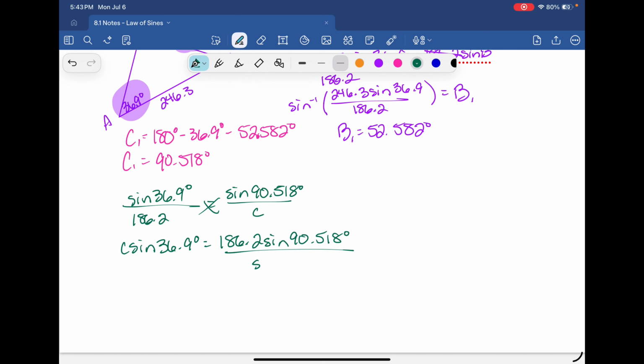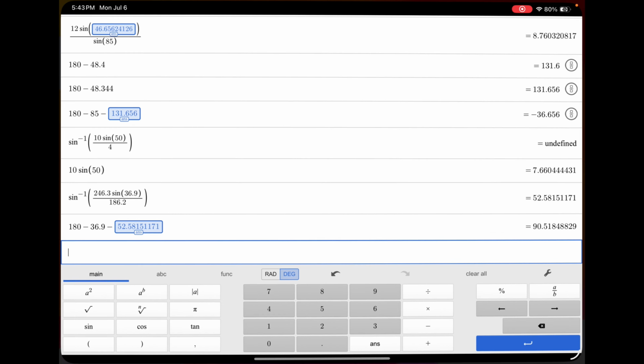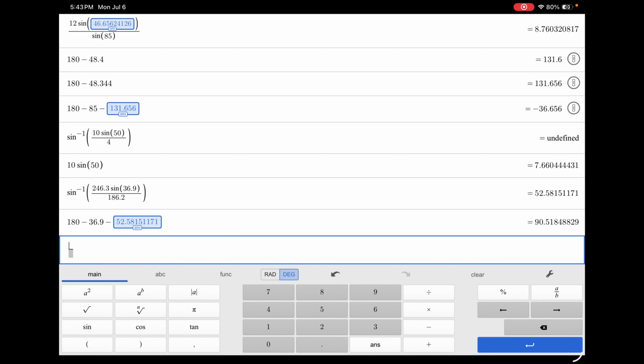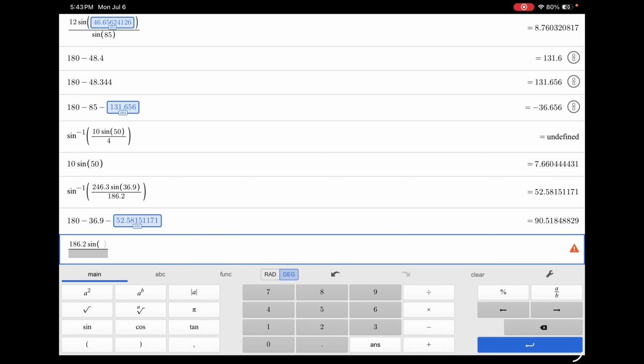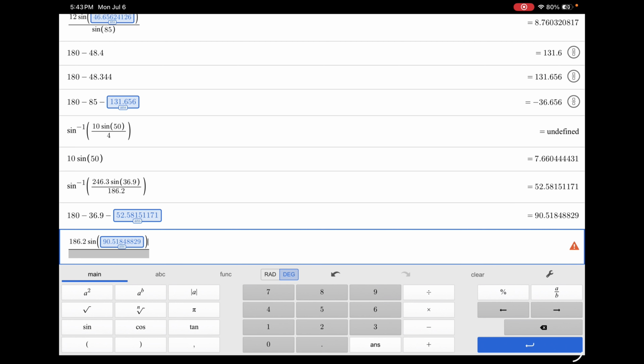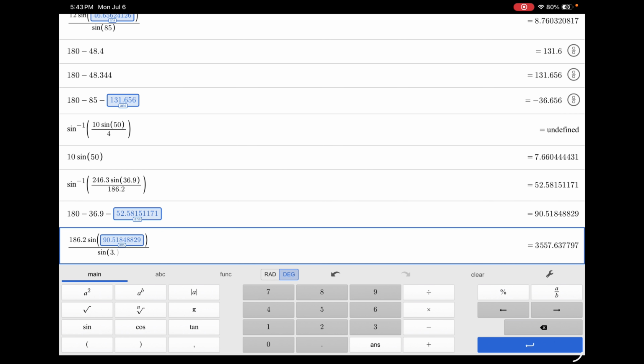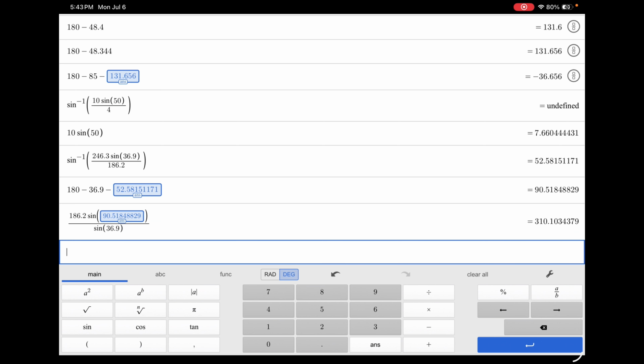Divide. And then calculator. 186.2 sine previous answer over sine 36.9. 310.103.